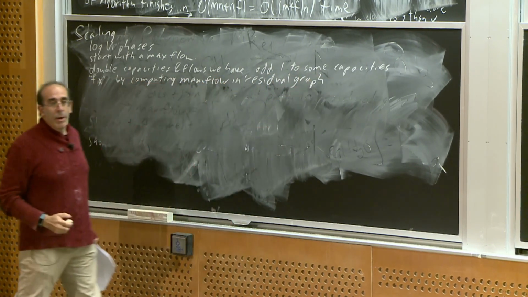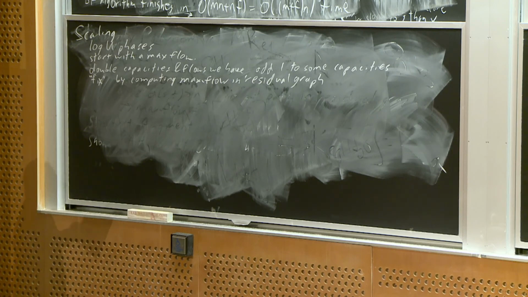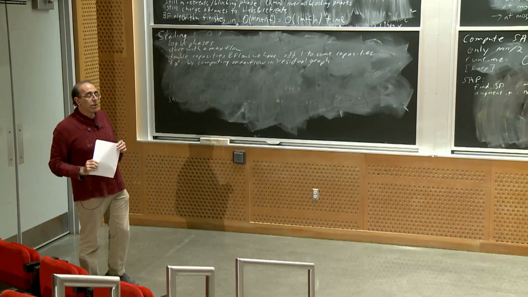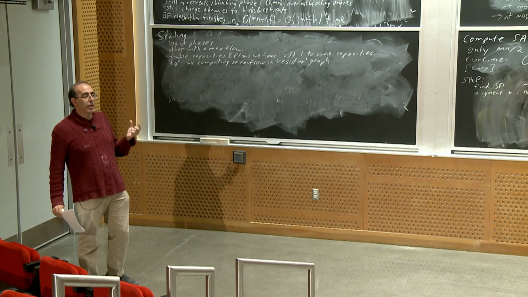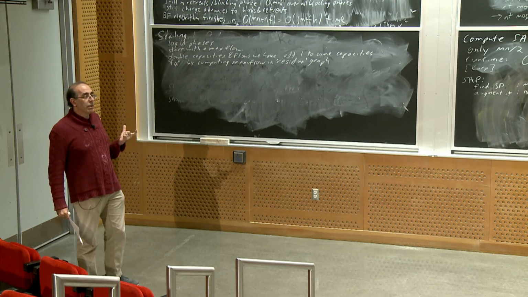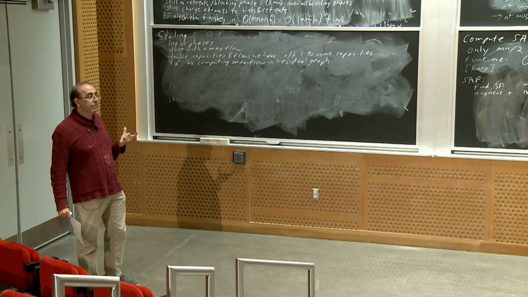Now, does anybody remember when we were looking at scaling for augmenting paths, why it worked well? What critical claim did we make about the new max flow that we have to compute that made scaling work well? How do we get that m squared log u bound for scaling augmenting paths?